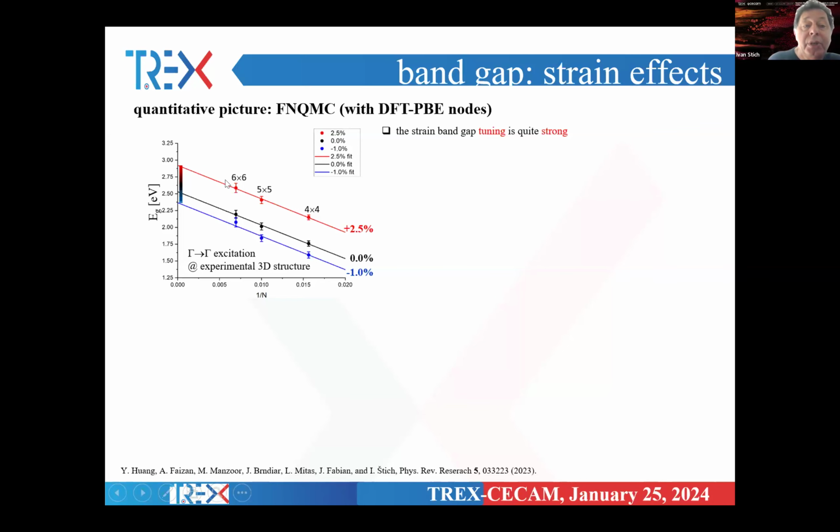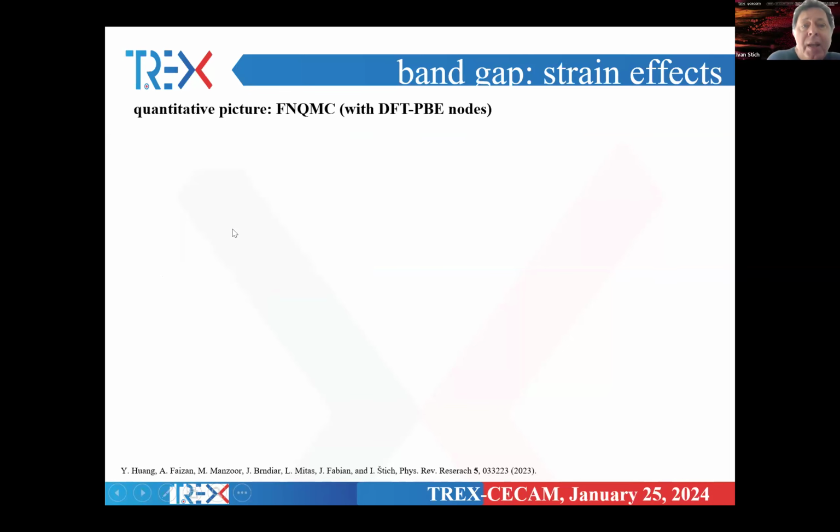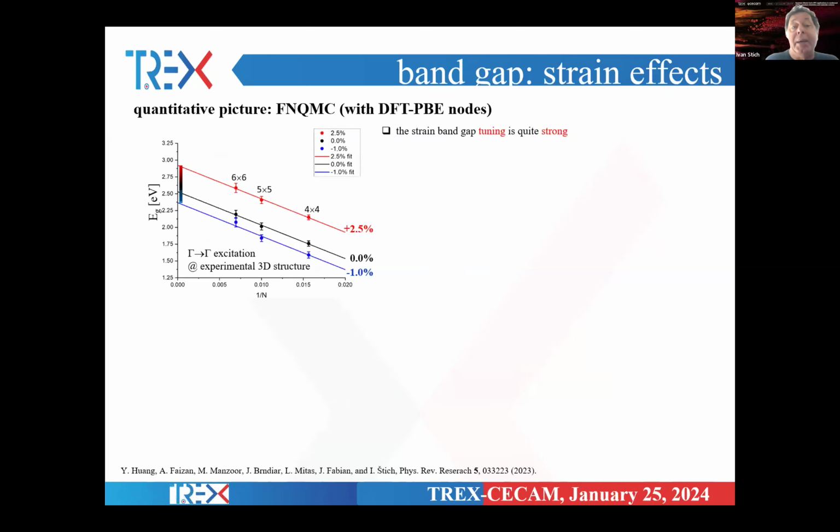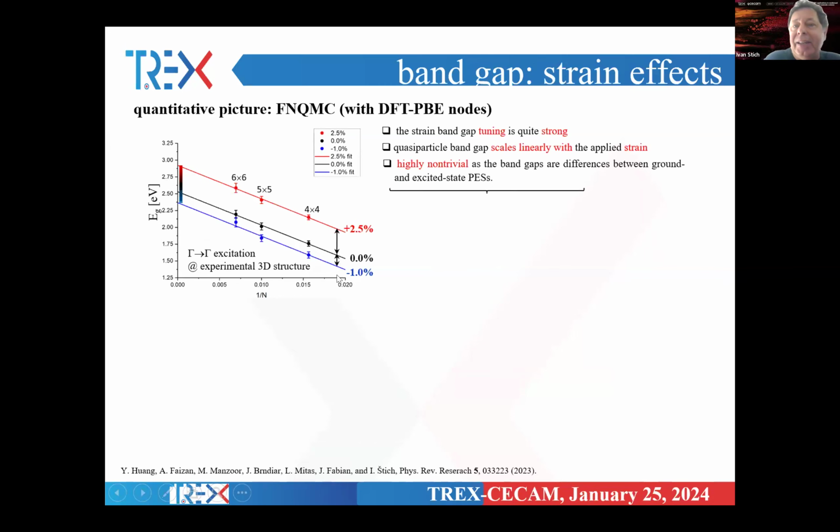You see that by doing that, I have changed the band gap by about half a volt, which is really a lot. Then there is another interesting property here. From equilibrium, here is a change of 1%, here is 2.5, and it scales linearly with the band gap.